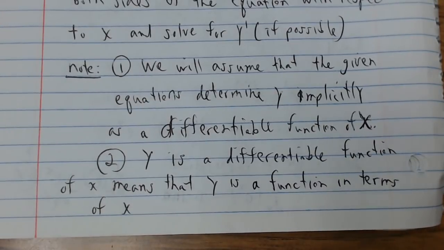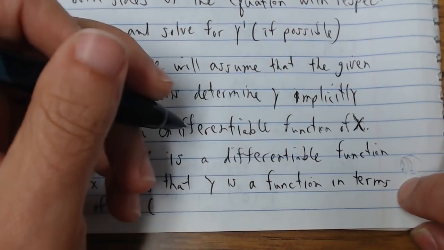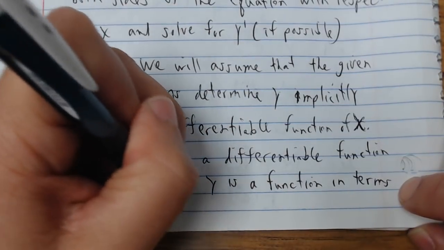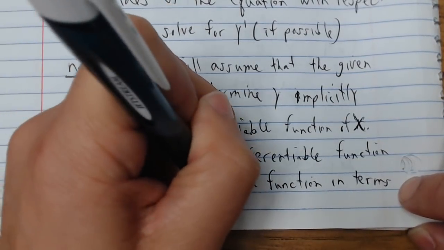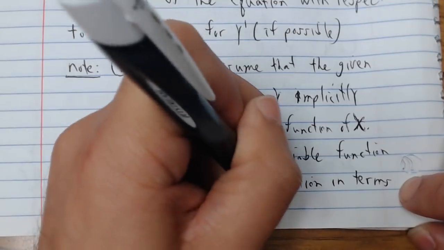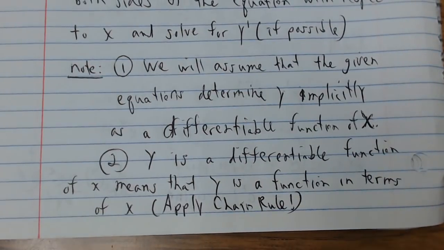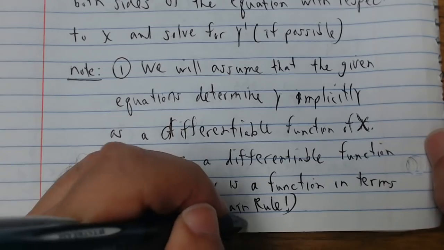And so what this implies is that we have to use the chain rule. So here what we're saying is apply the chain rule. And since the chain rule is so fun, I'm going to put an exclamation mark here. You'll see what this means.